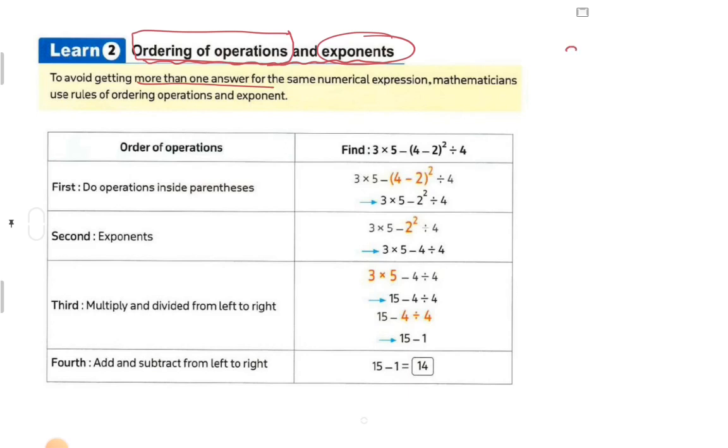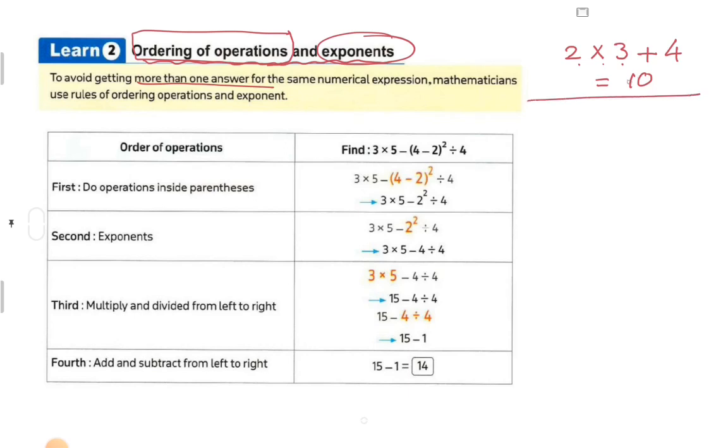We have the mathematical expression 2 by 3 plus 4. Without any order, 2 by 3 equals 6, 6 plus 4 equals 10.